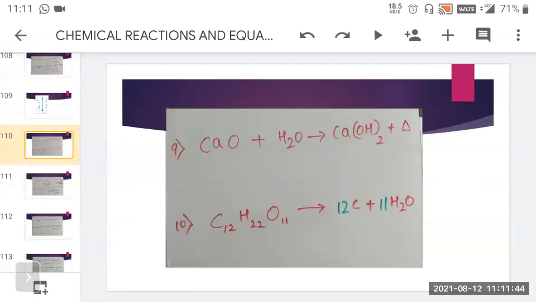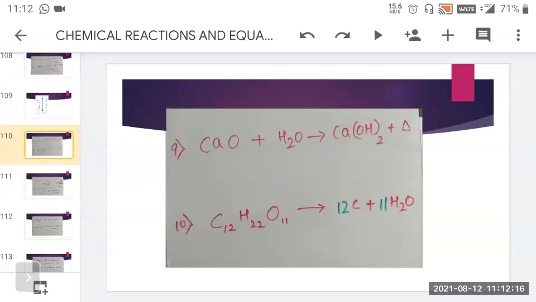So it is an exothermic reaction. If we do not consider the heating part, then up to Ca(OH)2, it is a combination reaction. Whether the heating part is there or not, it is a combination reaction because it is reacting two compounds to form one specific product. Heat is just a side product that shows that the solution has been heated. So it is an exothermic reaction too.